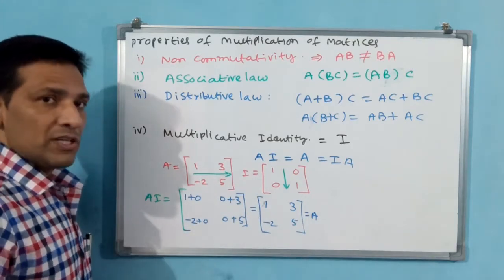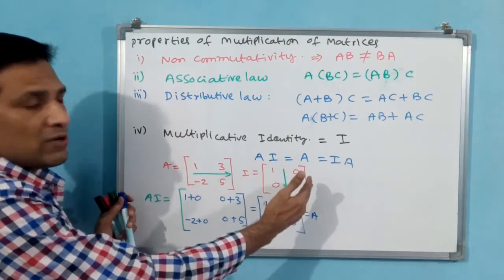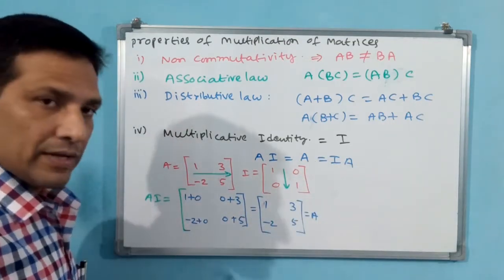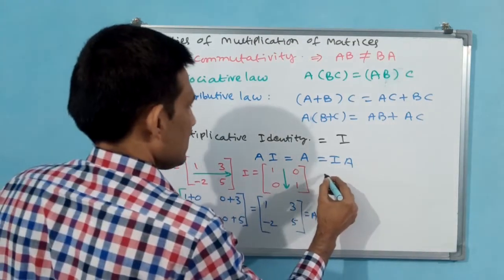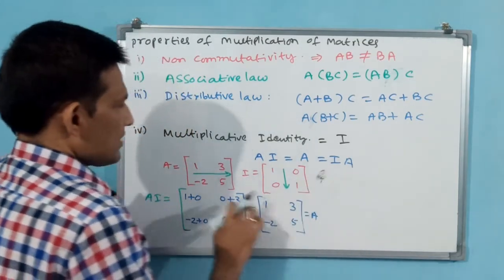Now, we have seen the proof that AI is equal to A. Let us see IA. IA we are seeing.